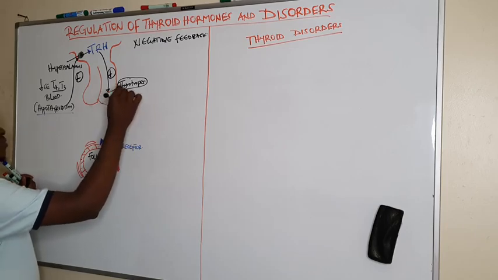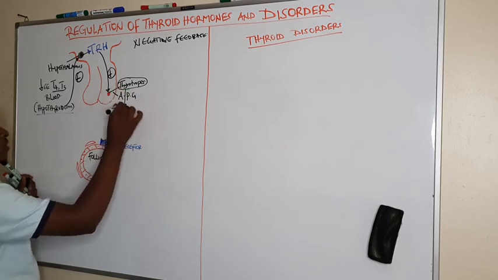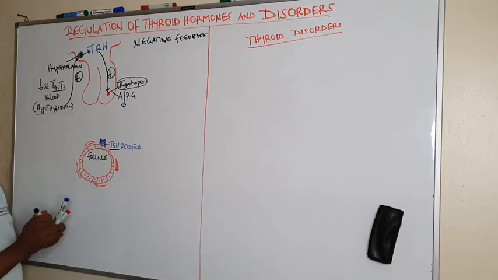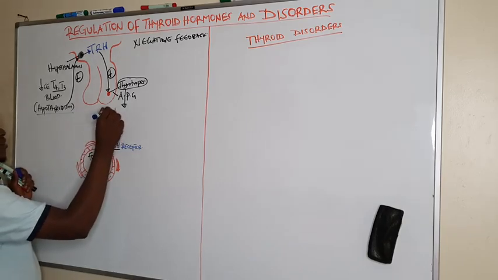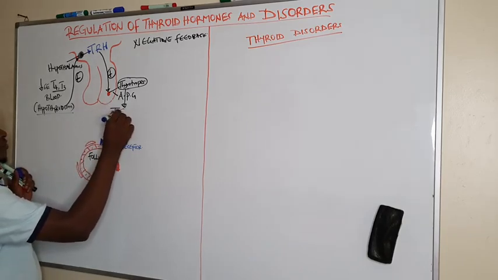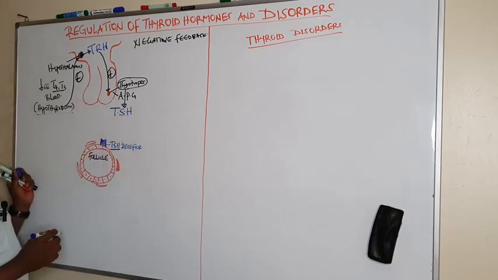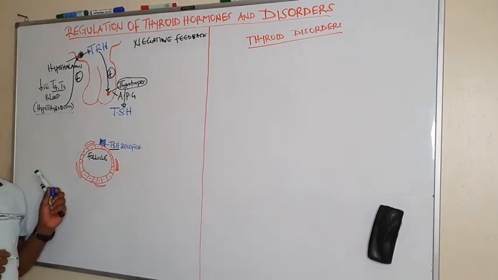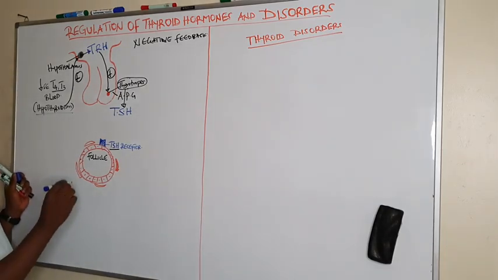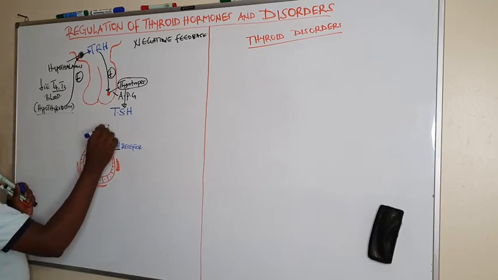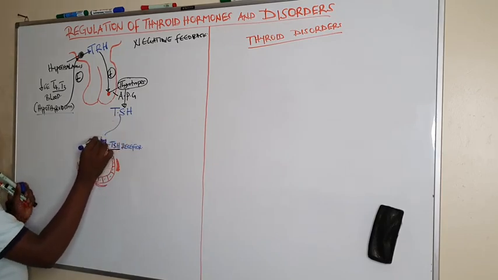So these thyrotropes are stimulated to synthesize and secrete thyroid stimulating hormone. And when they secrete this thyroid stimulating hormone, it is transported in the blood, and it has receptors on the follicular cells.